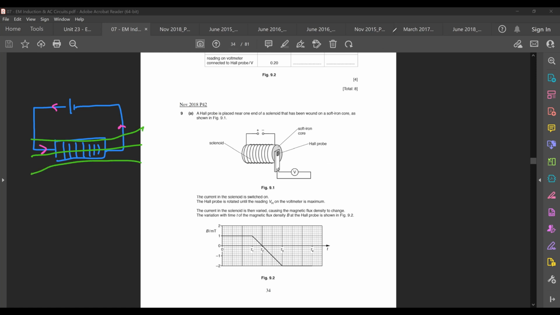For the first part of your question, you placed a Hall probe to measure the variation in your magnetic flux density. They told you that they vary the current inside your solenoid, which causes your magnetic flux density to change. So when they measure the magnetic flux density using your Hall probe, this is what they got. This is the variation of your flux density versus time.